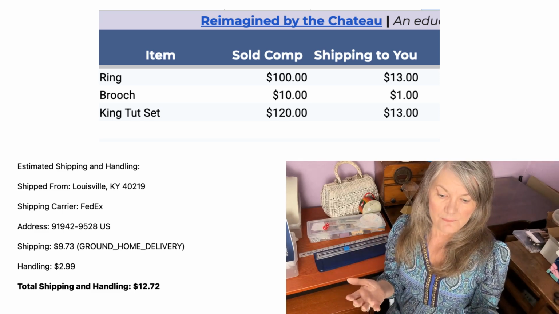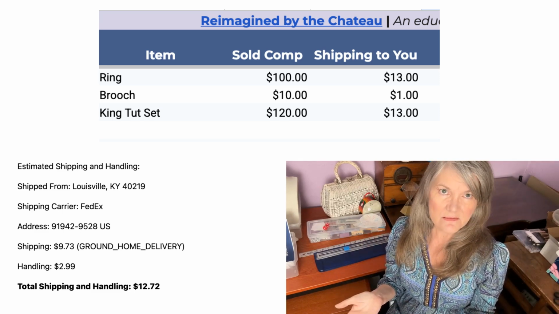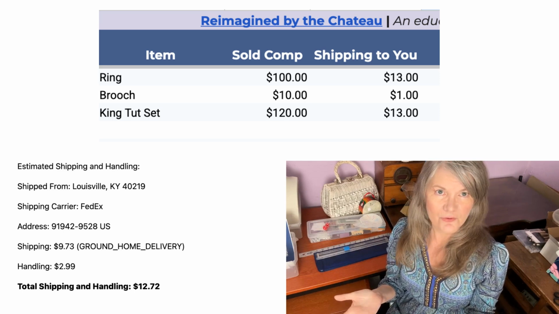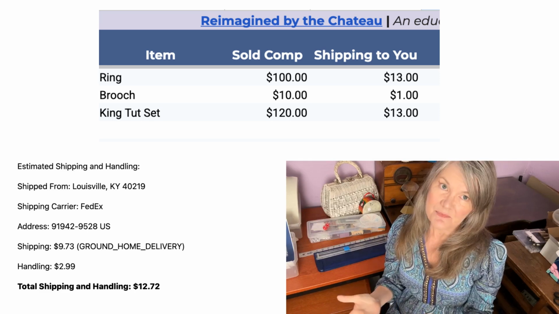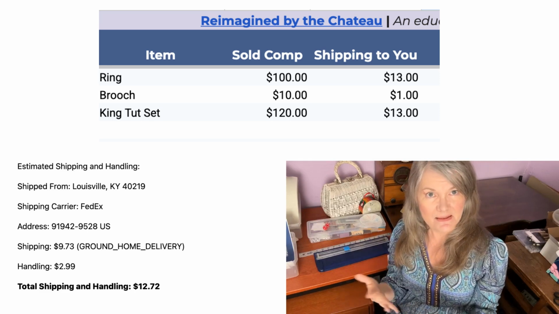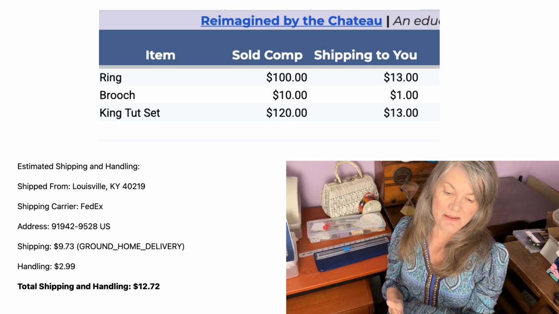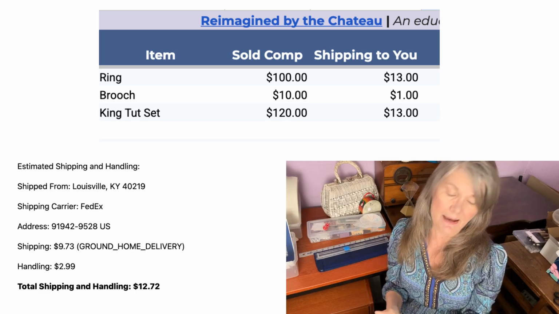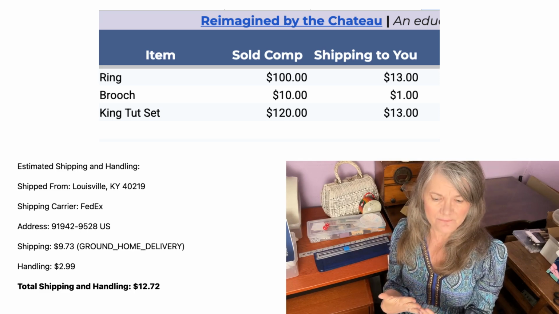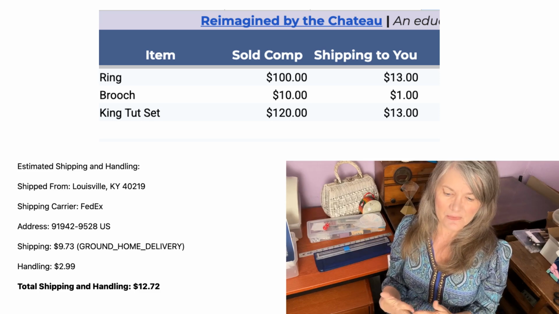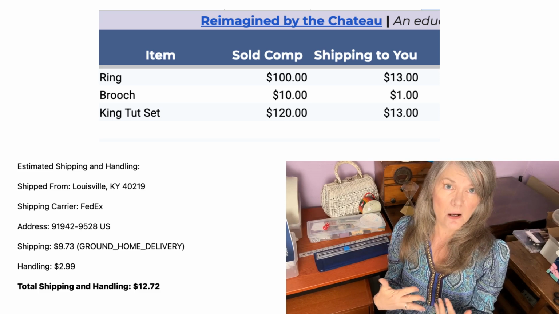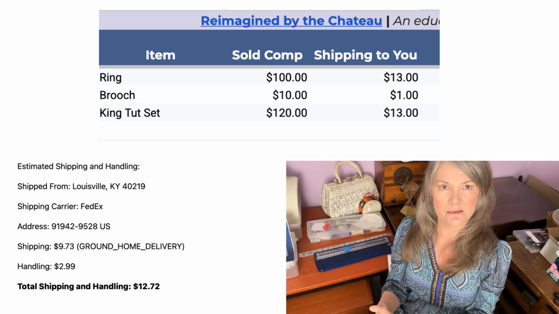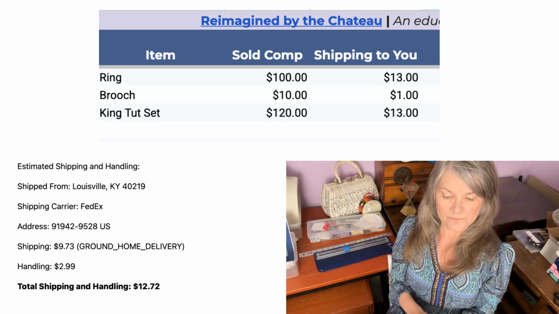Why? Because shipping isn't like on Amazon, unfortunately. It's usually not free. Sometimes you can get penny shipping, sometimes it's $5, but in this case, to have this item shipped to me in San Diego, it's $13. So we need to include that. It's going to become part of the cost of getting that item to us.